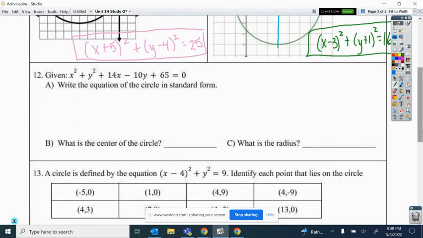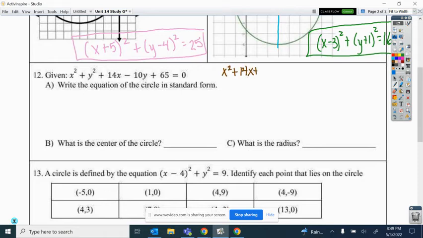All right, number 12 wants us to take this equation and write the equation in standard form. Notice that we are not in that parenthesis form, so we do have to complete the square for it. I'm going to begin by writing this with my x's chunked together and my y's chunked together.